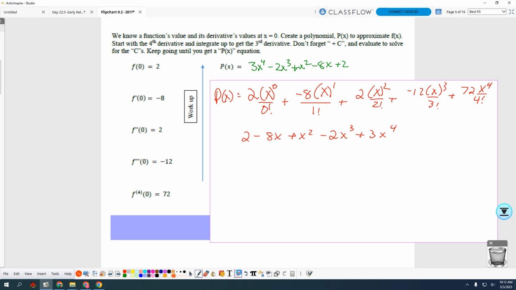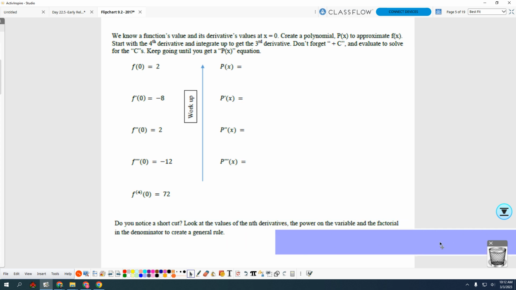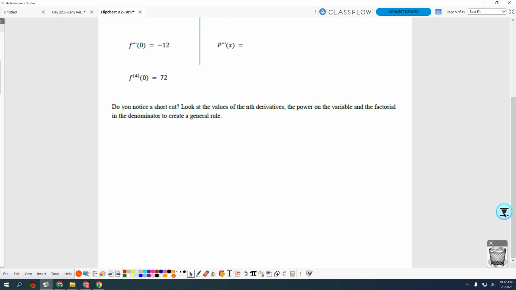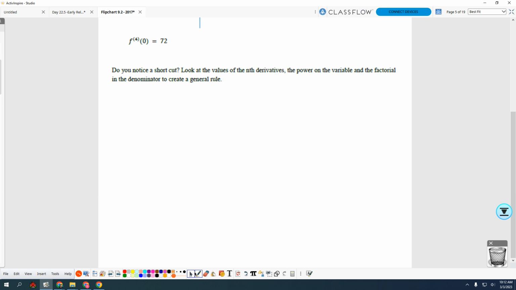So at the bottom of your page, where it says, hey, do you notice a shortcut? Is there a way to get these values? If you wanted to find just one term, the nth term, or the fifth term, the term with an x to the fifth on it, I'm going to write it off-center.